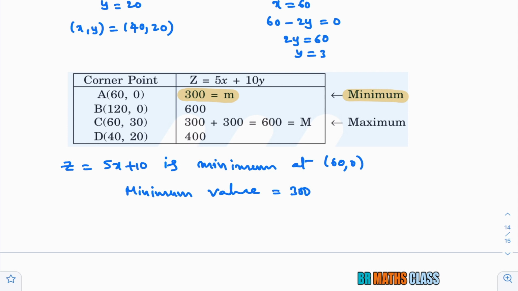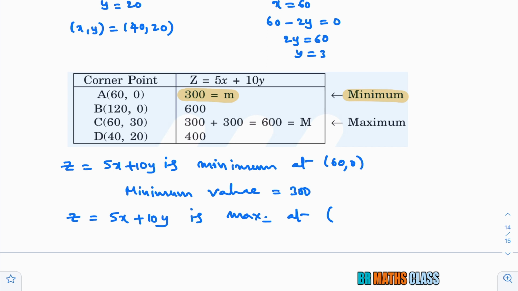Okay, they are asking us to maximize also. If you observe here, we got maximum value at 2 points. As the feasible region is bounded, we can conclude here this objective function is maximum at 2 points. If the feasible region is unbounded, another step is there. So I'll write that also: z equal to 5x plus 10y is maximum at 2 points.